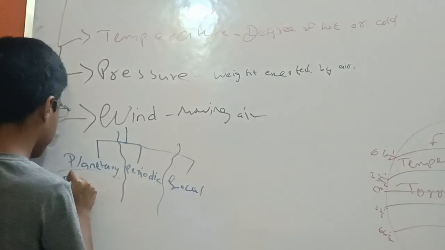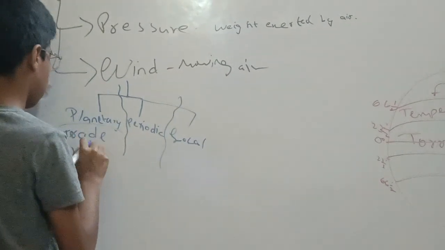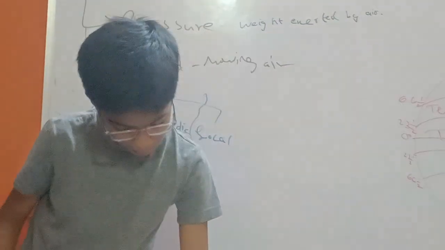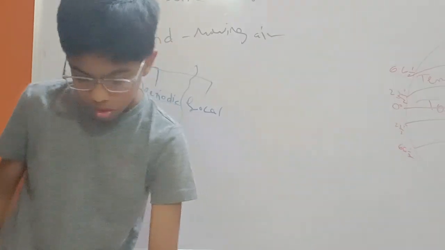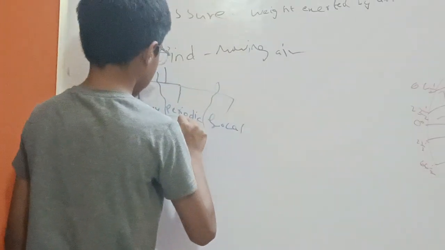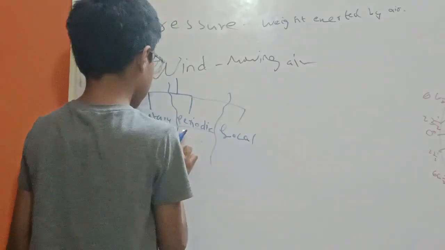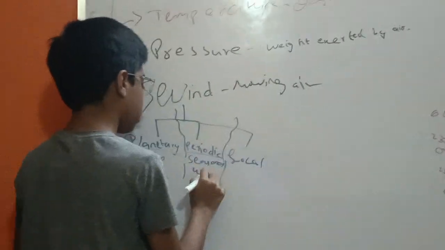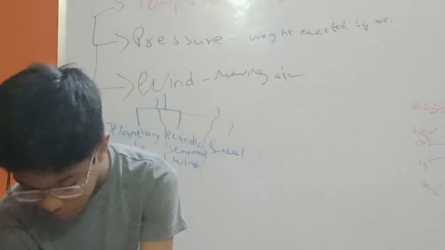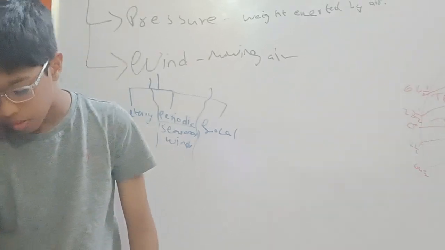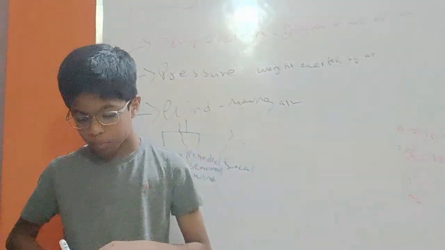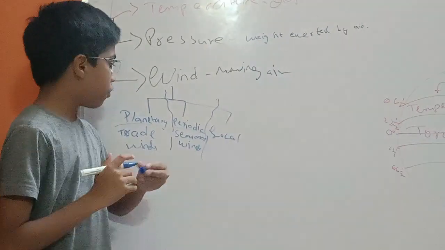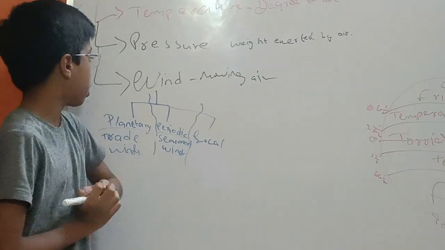Planetary winds are also known as trade winds. Periodic winds are also known as monsoon winds, or seasonal winds, because they come in different seasons. And local winds are the normal winds which come from the eastern side of mountains, for example, the eastern side of the Rocky Mountains in North America. Those winds are known as local winds.